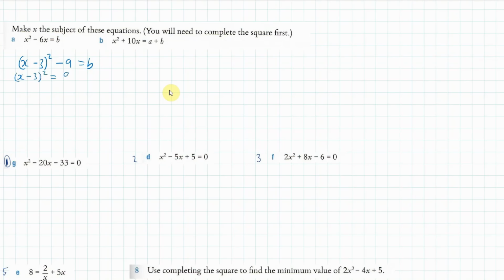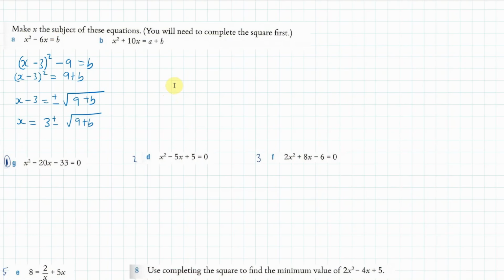So it'll be 9 plus b. And then I'm going to square root both sides. And then I'll get plus or minus the square root of 9 plus b. And then I will get x is equal to 3 plus or minus the square root of 9 plus b. Same kind of approach could be done to b there.